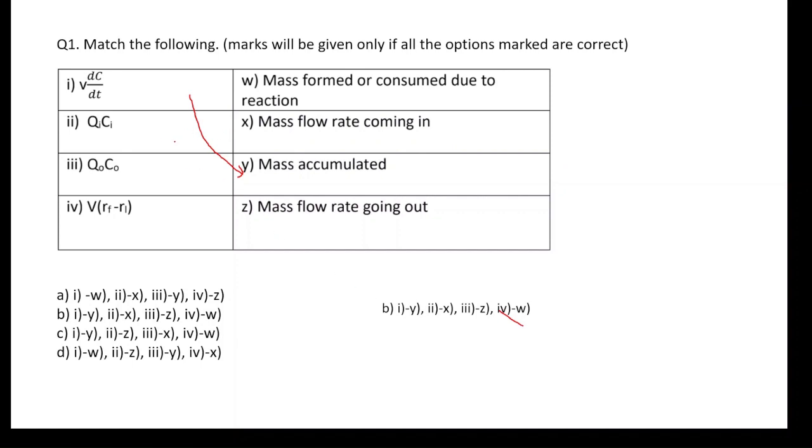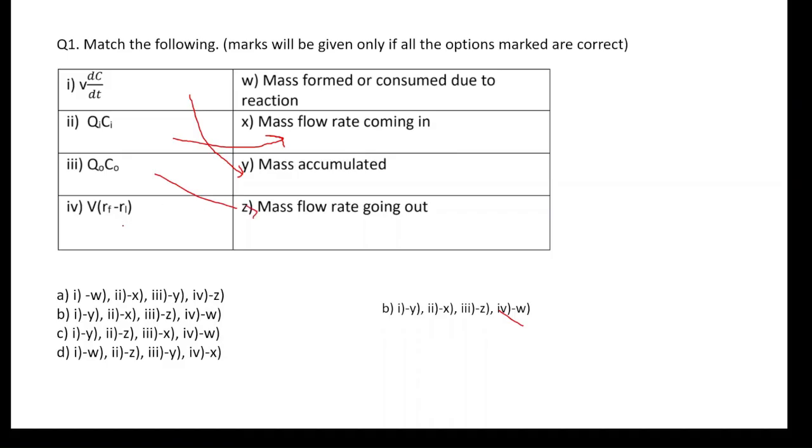Second is QiCi. So these are all coming from the reactor kinetics, reactor analysis. So QiCi is mass flow rate coming in, and Q naught, i is incoming and o is outgoing.